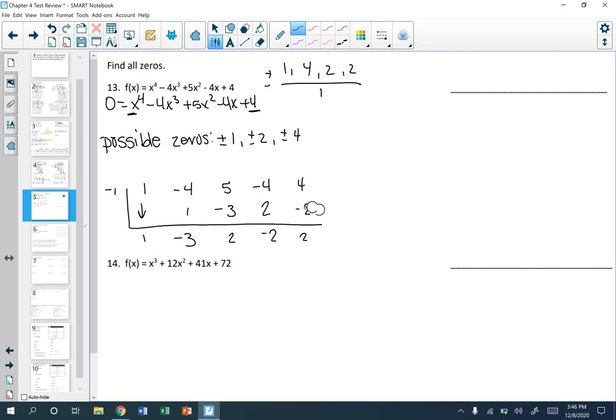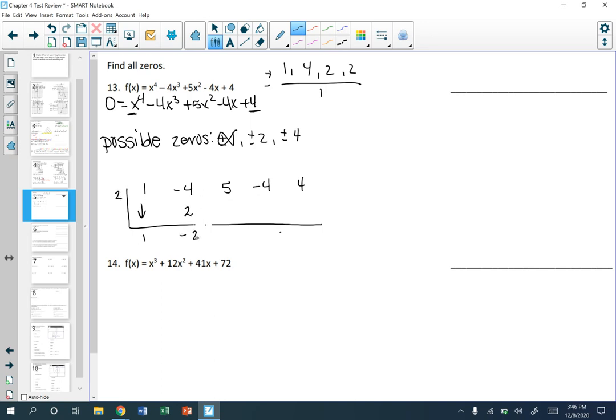Now I'm going to move on to -1. And this is also not a 0, so I can cross 1 off my list. Now I'm going to move on to 2. 1 times 2 is 2.